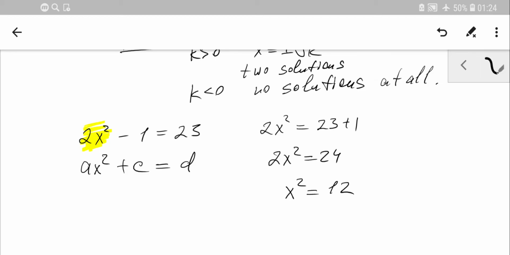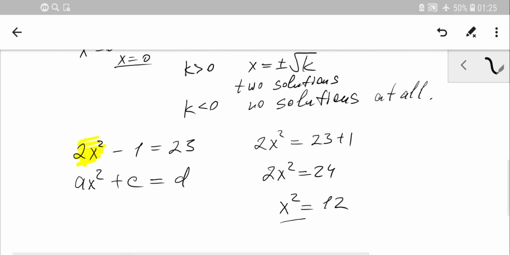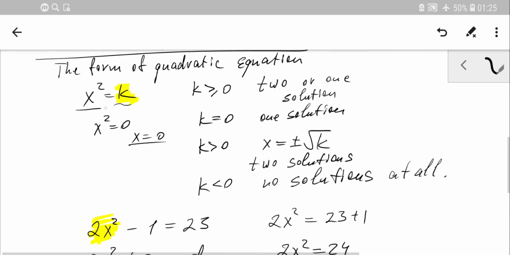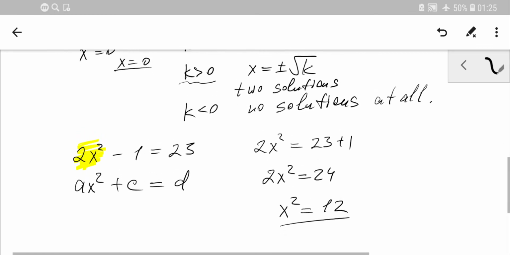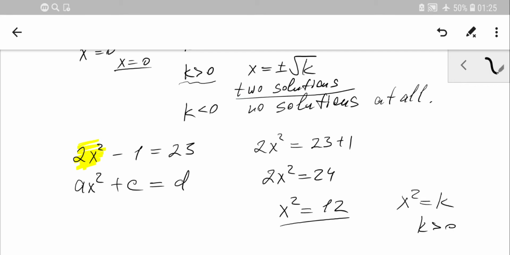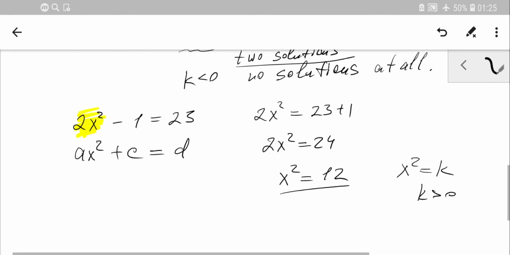Now we arrive at the form x squared equals k, and we're trying to estimate what k is. So in our case, k is strictly more than 0 because it's 12. So we can say that the form x squared equals k will give us k more than 0. So how many solutions? 2 solutions here. All right, and then we just simply take plus or minus the square root of 12.